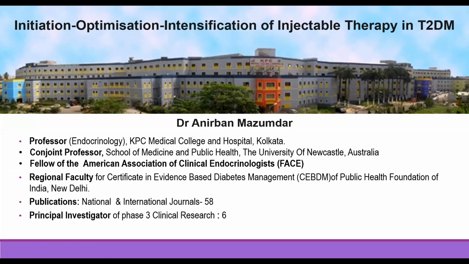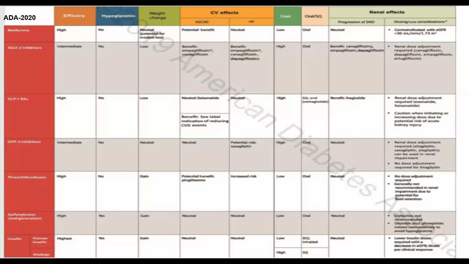So we will start the initiation, optimization, and intensification of injectable therapy in type 2 diabetes mellitus. If we look into the different types of anti-diabetic drugs we have, their efficacy, the possibility of hypoglycemia, their impact on cardiovascular disease, heart failure, and renal disease, and their cost, you will find that the chart is quite difficult to comprehend, but you have to look into it very closely.